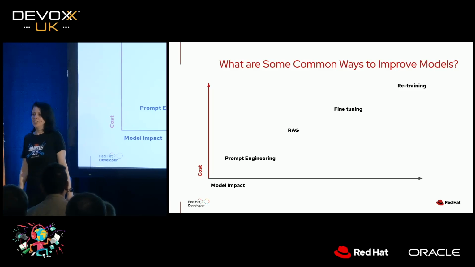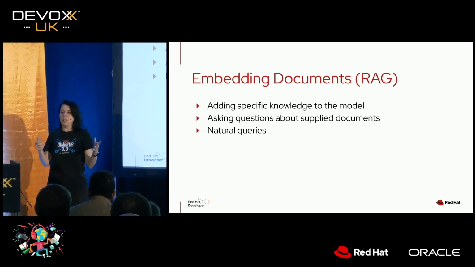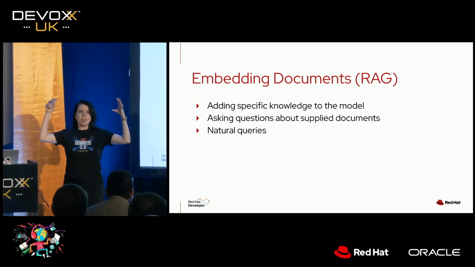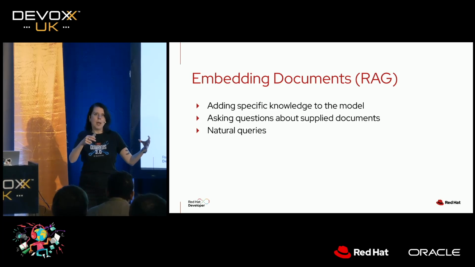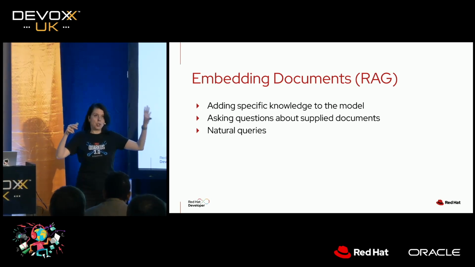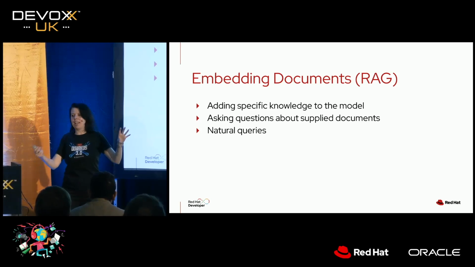So what RAG allows you to do is add knowledge to the model in an ad hoc way by passing in the information that you want the model to know about at the same time as you give it everything else.